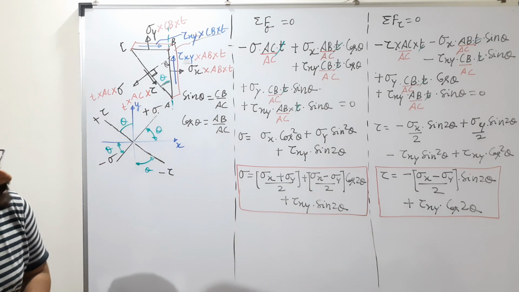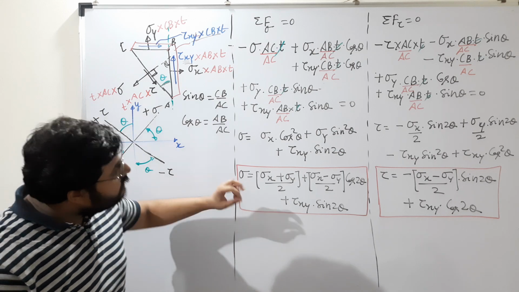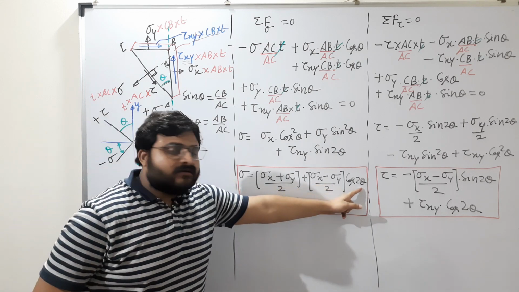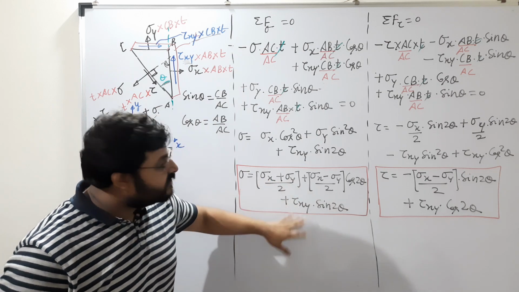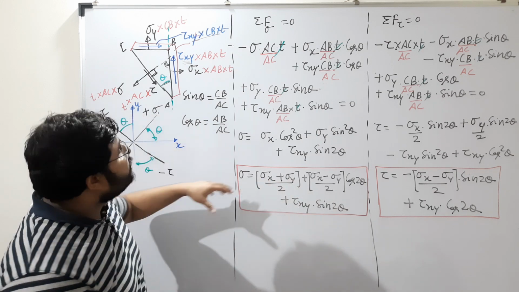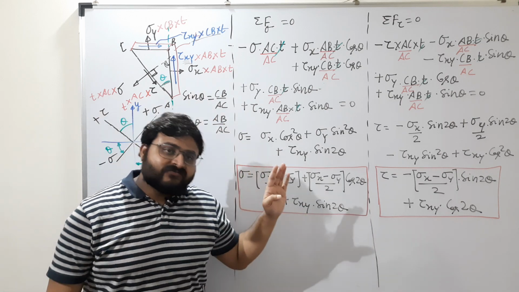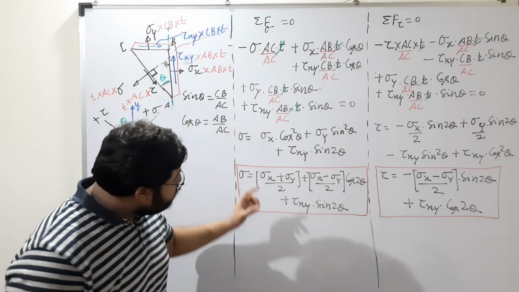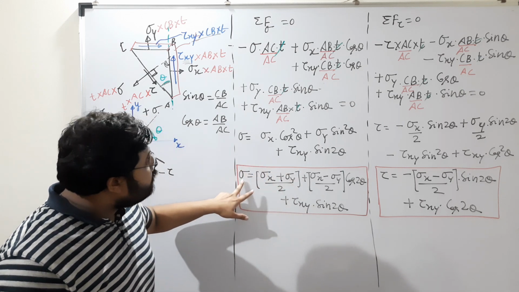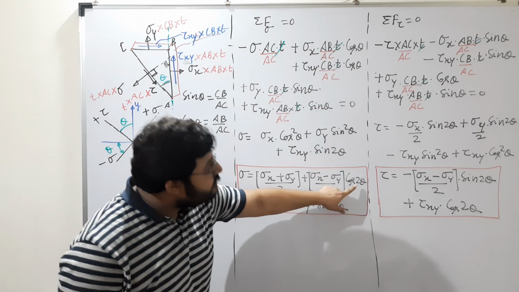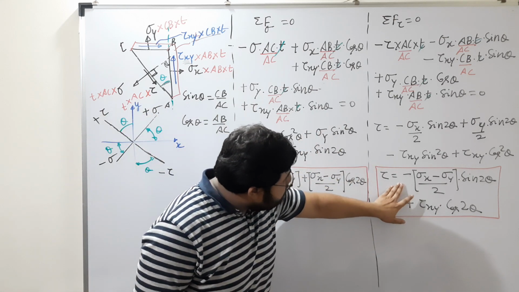Now this equation is sufficient to get the value of sigma at any given angle theta. See, sigma x is known, sigma y is known, and tau xy is also known. We started from that state of stress where sigma x was given, sigma y was given, and tau xy was given. So once those given values are there with you, now you know the sigma value for any given angle theta, right?